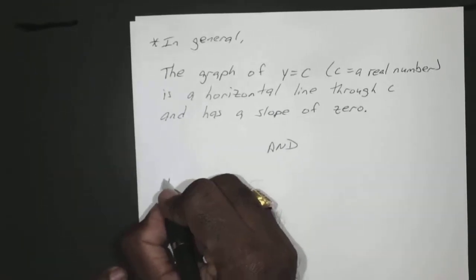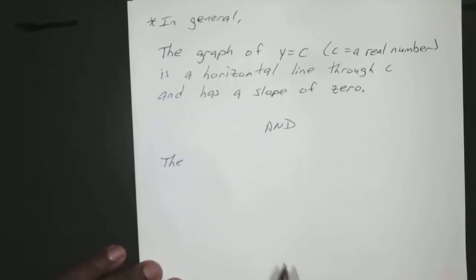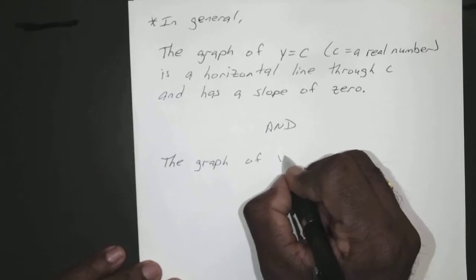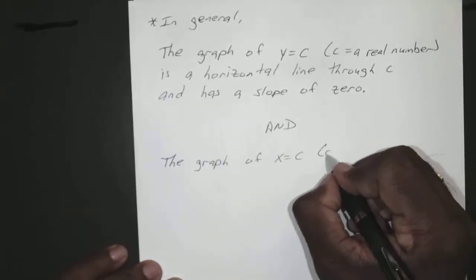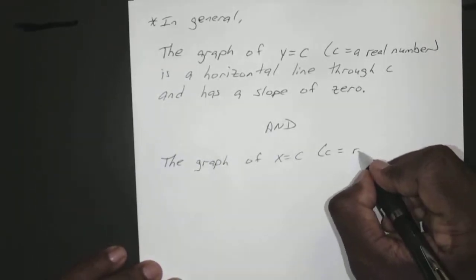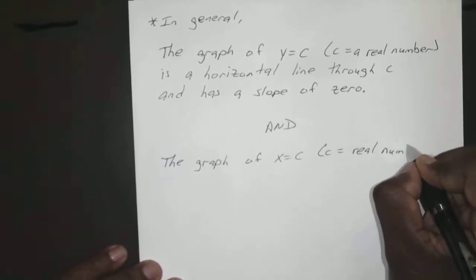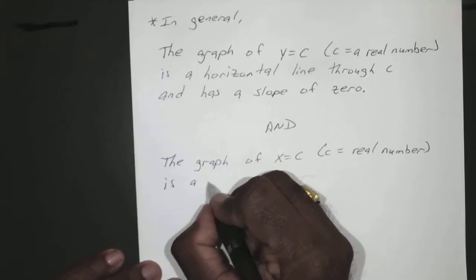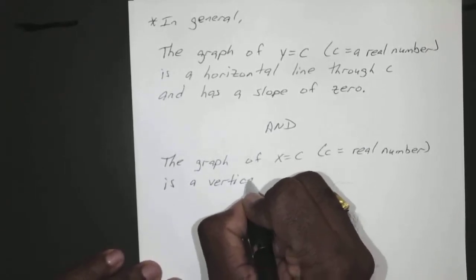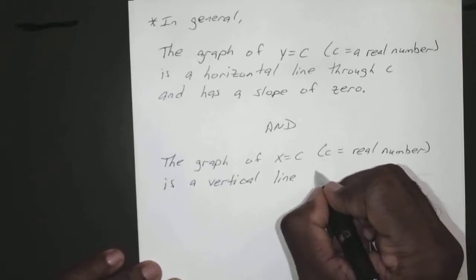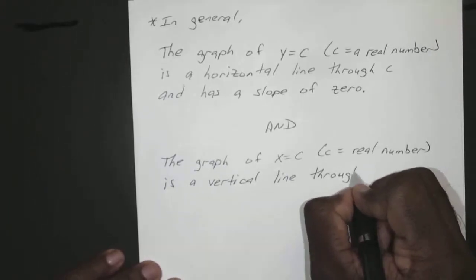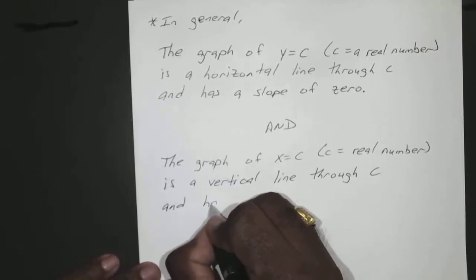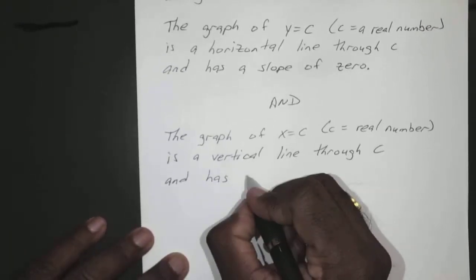And the graph of x equals c, again, c is just a real number, is a vertical line through c and has an undefined slope.